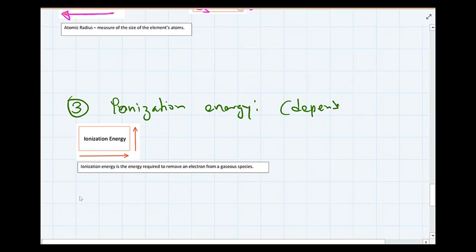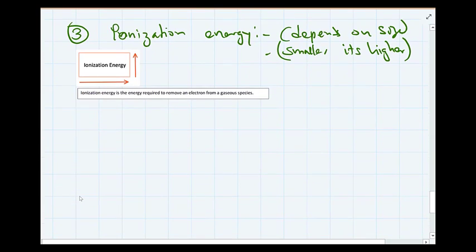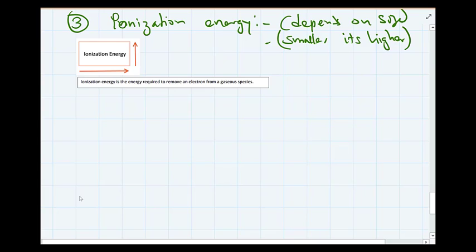This depends on the size and the nuclear charge. When you look at the size, the smaller it is, the harder it gets to remove an electron. Why? Because electrons are attracted to the nucleus and the nucleus is trying to keep them. So you need more energy to pull that out.